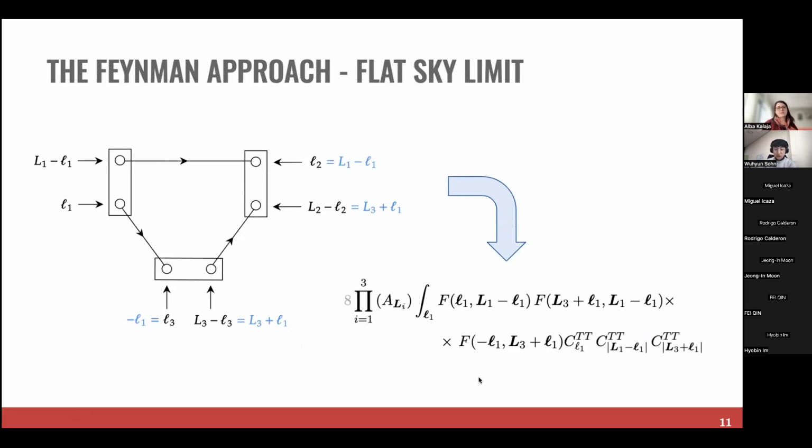Then you add 3 temperature power spectra corresponding to the 3 straight lines. And then you have a symmetry factor 8 that maybe is not evident right now, but that's the power behind these diagrams: it's very easy to see the symmetries of the problem.